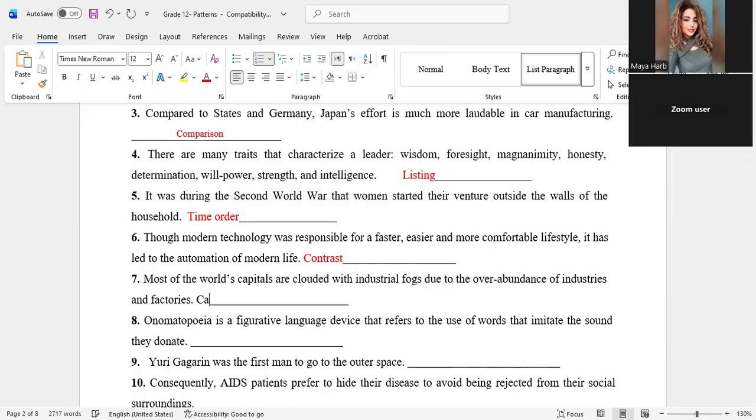So this is cause and effect. This is the pattern. Number 8, onomatopoeia.